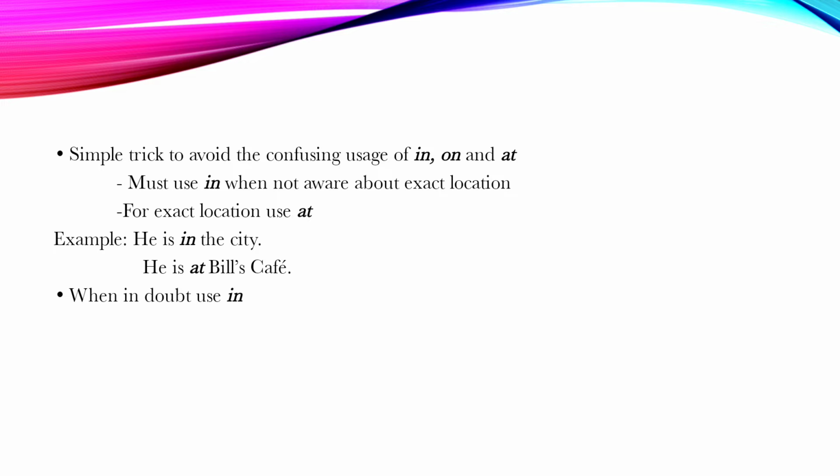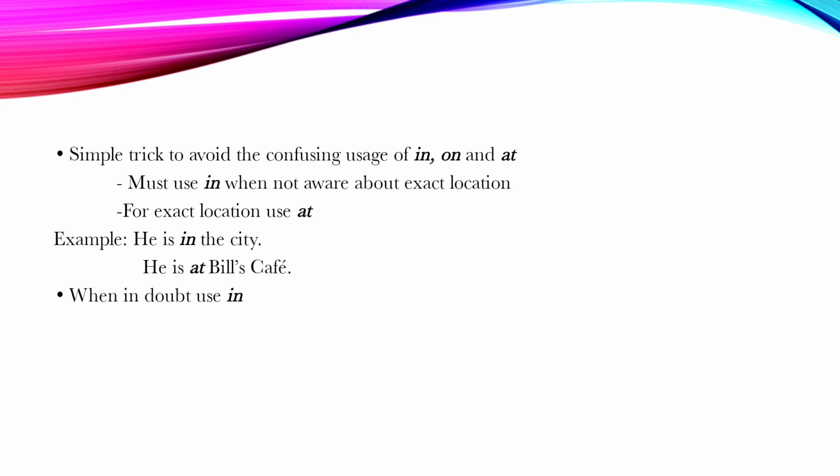Simple trick to avoid the confusing usage of in, on, and at. To every student, the most confusing part is where to use in, where to use on, and where to use at. Sometimes we feel that everything is right. So let's avoid the confusion in the usage of in, on, and at.